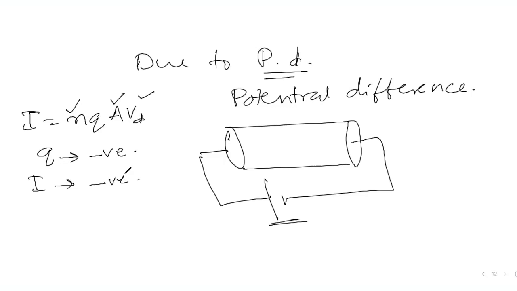The direction of electric current is opposite to the flow of negative charges. Suppose I take the charge as positive, then I get I positive. From this I can understand the direction of current is in the direction of flow of positive charge. Therefore, the direction of current is taken in the direction of flow of positive charge.